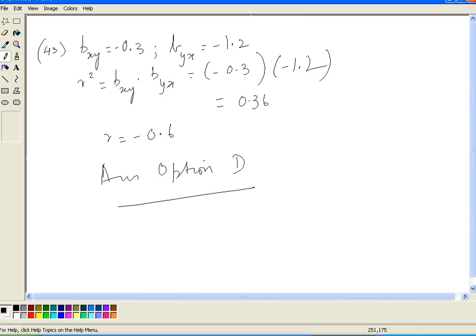Since both bxy and byx are negative, r has also to be negative. R squared is 0.36, r will be 0.6 in magnitude, but because bxy and byx are negative, it is minus 0.6. So the answer is option D.